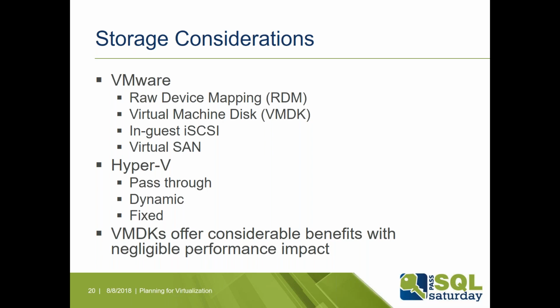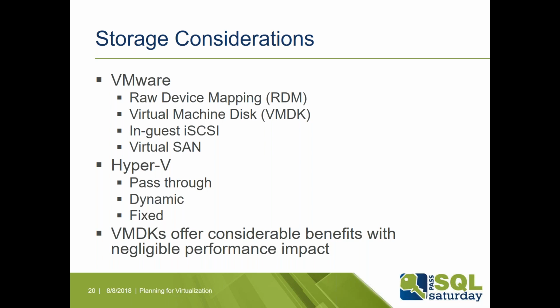You could just use in-guest iSCSI, but this means that your guest VM will be using CPU to perform I/O operations. And also lately, again, more so for the smaller shops, you can use VMware's own virtual SAN, and there are also various third-party vendors that sell virtual SAN products.